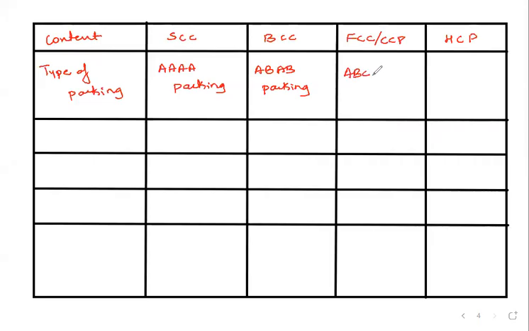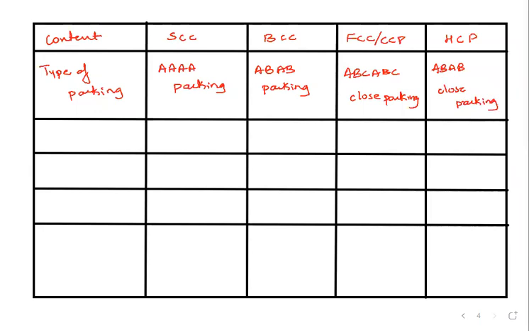FCC and CCP, cubic close packing, is called ABC, which we just saw. And for SCP we again said AB. And this is what close packing is.